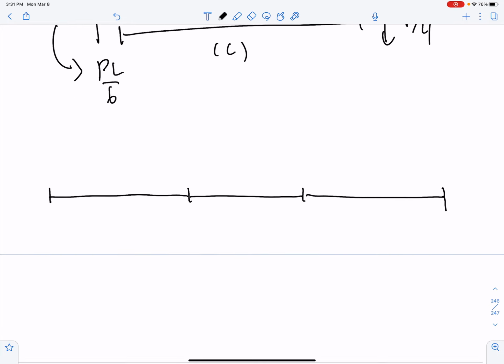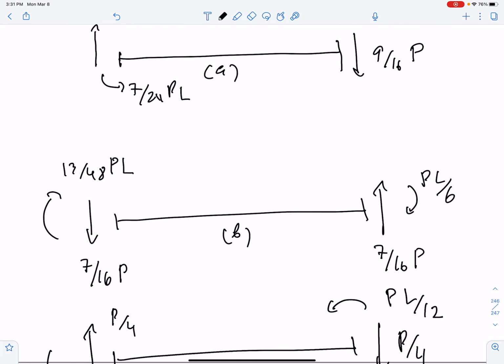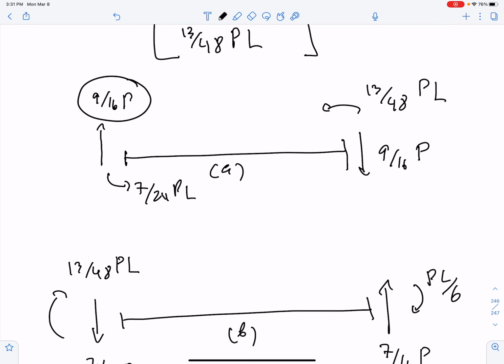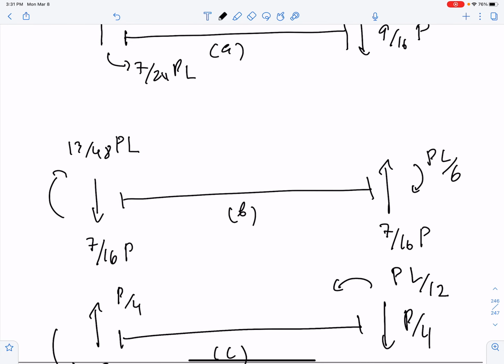So we can draw this plus 9/16 P. Now, going to the second element, we can see that the picture reverses. The shear changes sign and magnitude, becomes 7/16 P and negative.